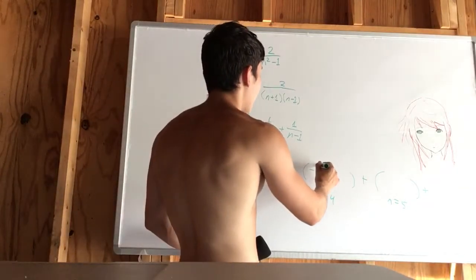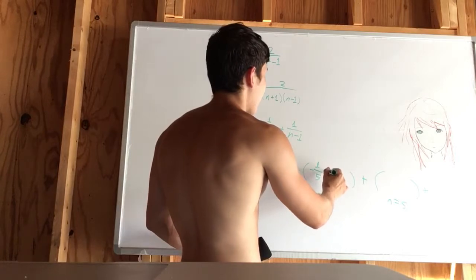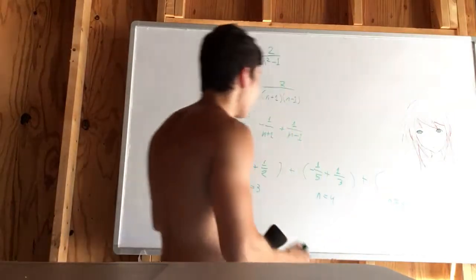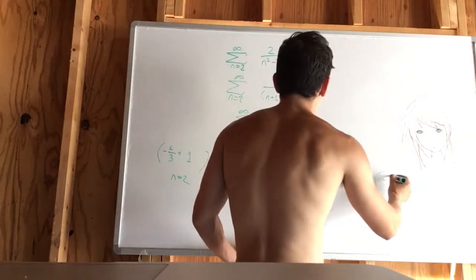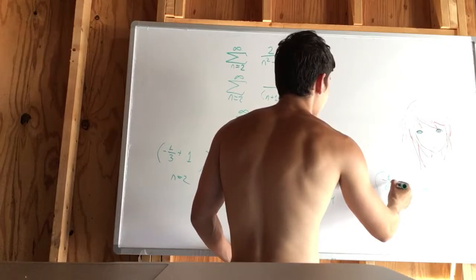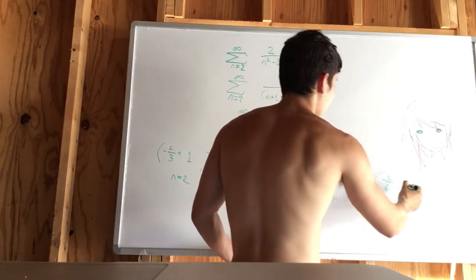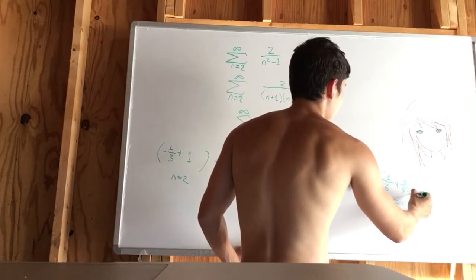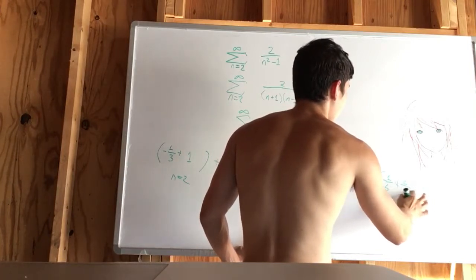For 4, we get negative 1/5 plus, 4 minus 1 is 1/3. Eventually, you're going to see the pattern. And this is negative 1/6, and we're adding 1/5 minus 1, which gives you 1/4.